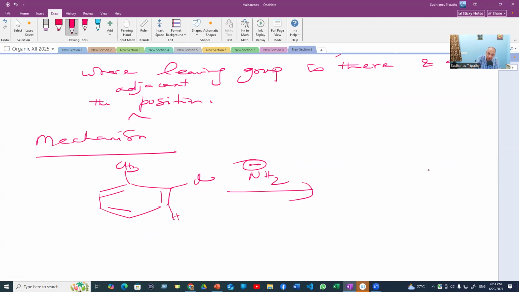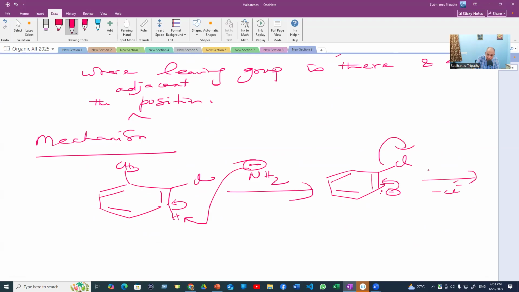First, this H. There is a double bond, pi bond here, but there will be a negative charge here. And then this will come here and Cl minus will go. So ultimately, of course, methyl is the host group already there.